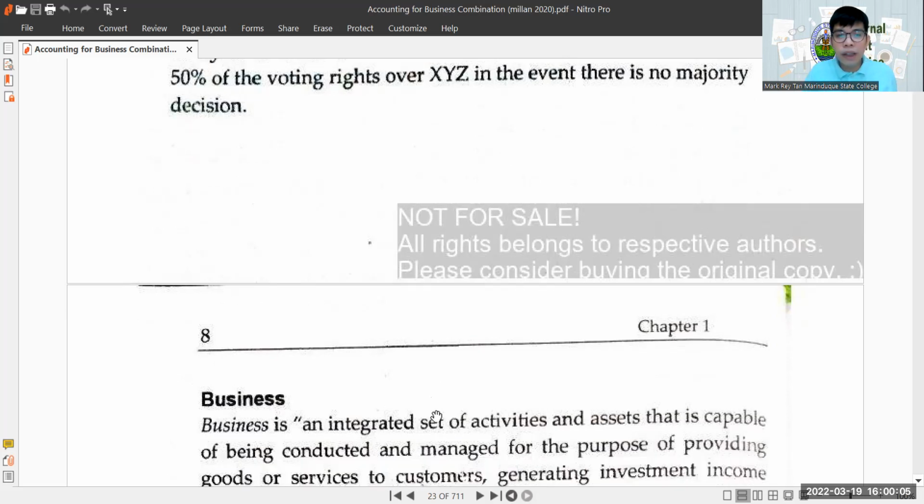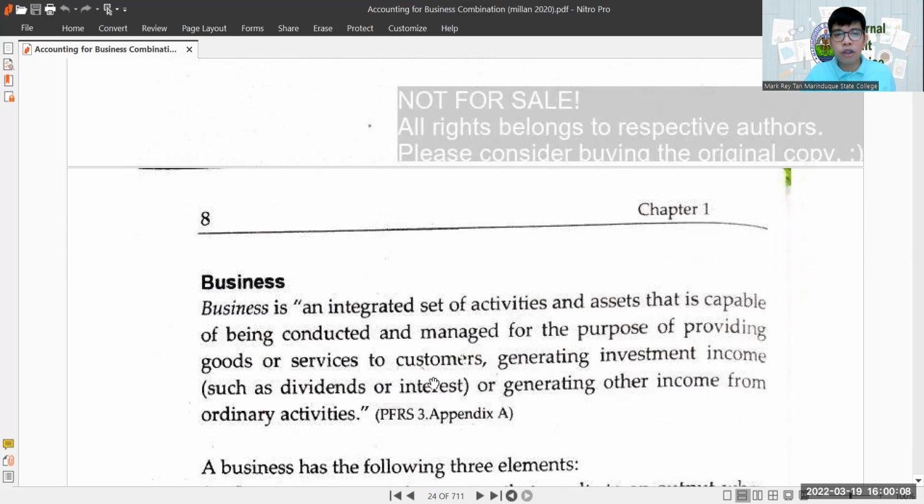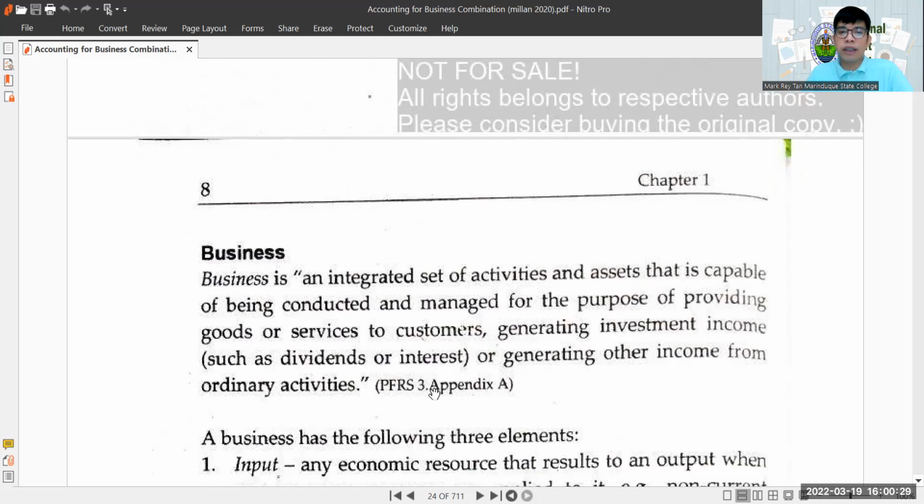Ayan. So other element na essential sa definition of business combination is business. So as defined here, business is an integrated set of activities and assets that is capable of being conducted and managed for the purpose of providing goods or services to customers, generating investment income such as dividends or interest, or generating other income from ordinary activities.